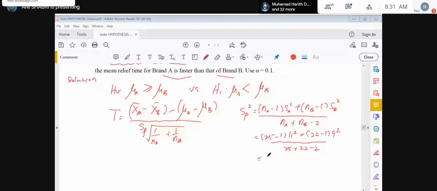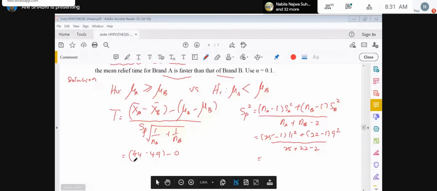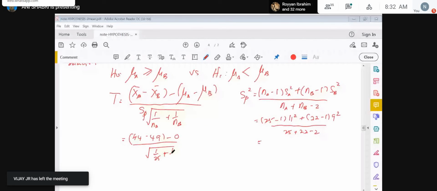Okay, for this one we just put the value: x bar A 44 minus 49 minus 0, divided by Sp. Sp still doesn't have the value. nA 25 plus nB 22. Dah kira dah. Berapa nilai Sp?